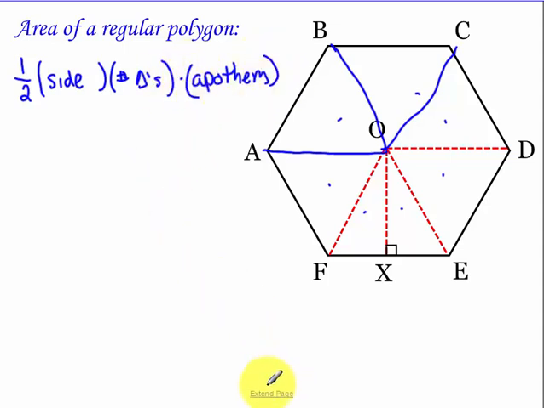So let's look at what that really is. The number of sides times our base. Let's name that side length. Let's make that a little bit clearer. Our side length times the number of sides, that's the same thing as perimeter.